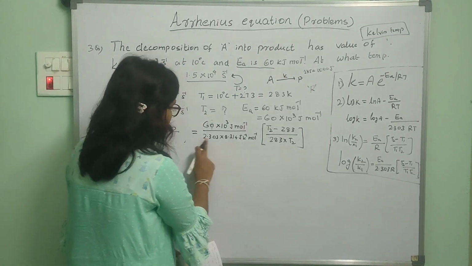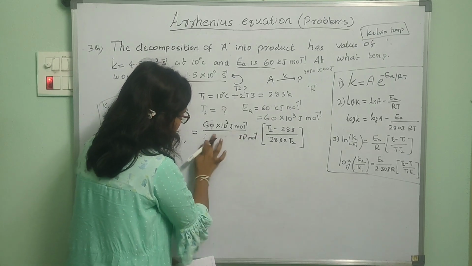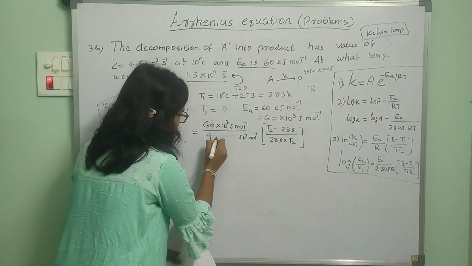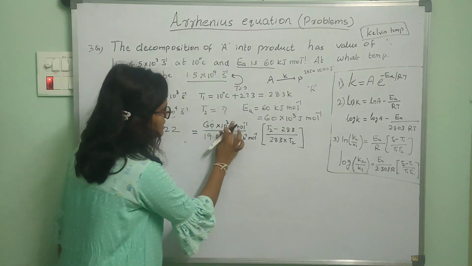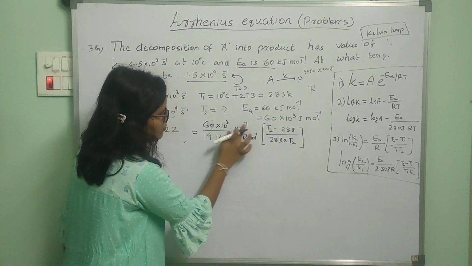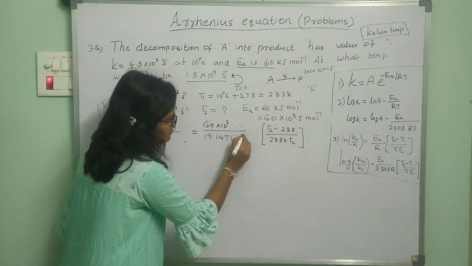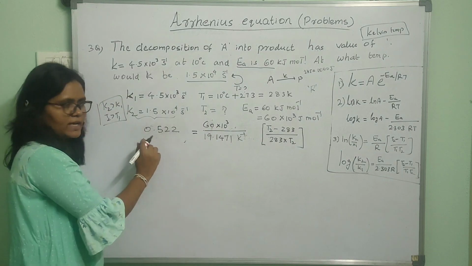Okay. So here 2.303 into 8.314, it becomes 19 point something. Yeah, 19.1471. Okay. So here I cancel these joules and mole inverse. Now I have only Kelvin inverse. So what I do is I will take these terms on this side.